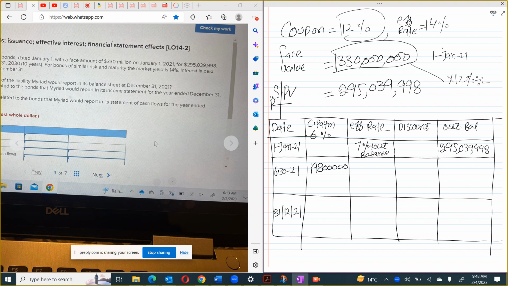Click the second one, journal entry. Record the retirement of bond at maturity. This is retirement. The format is wrong, so here only the interest expense.